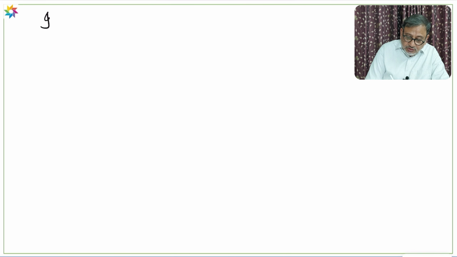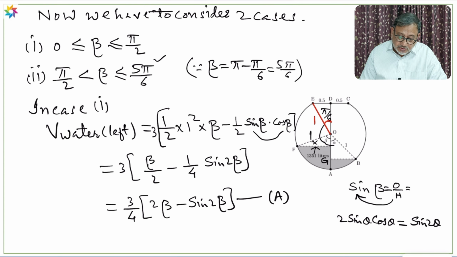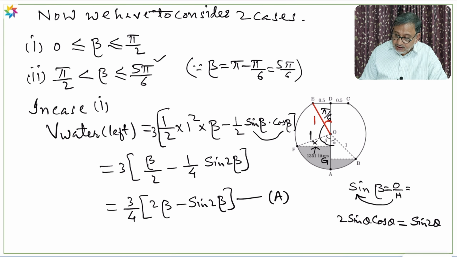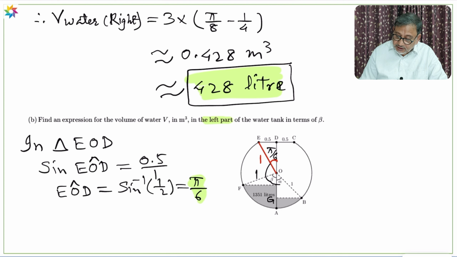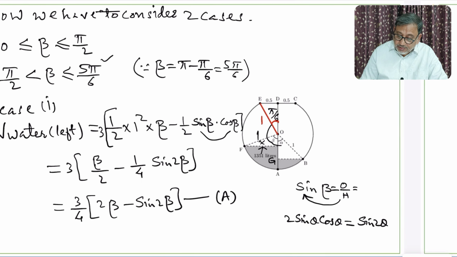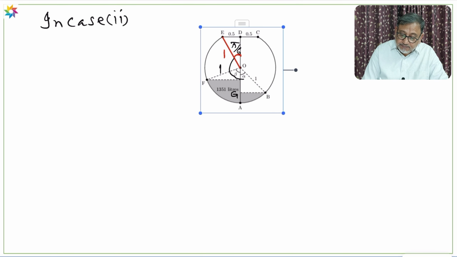And in case 2, because case 2 is between pi by 2 and 5 pi by 6, right? So that figure will be, let me copy that figure again from here. Look here, then the water level may be somewhere here.